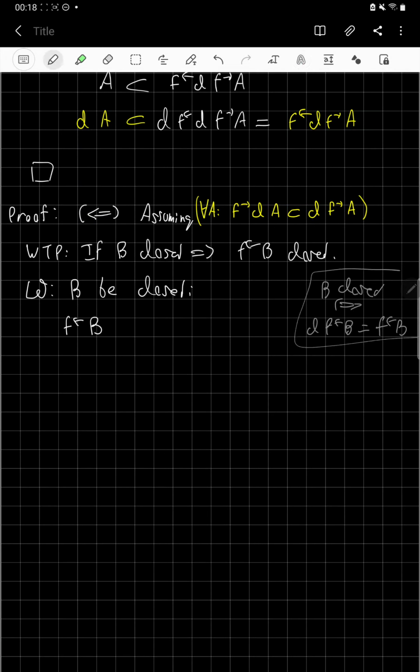And so obviously, to apply our hypothesis, our assumption, this set has to be in the domain of f, and it is, so we apply it.